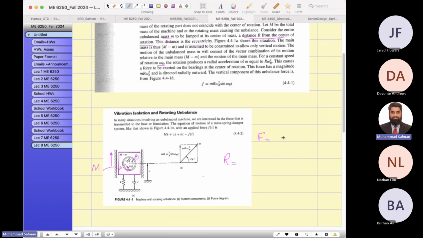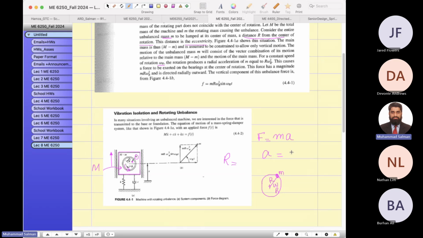Do you remember force equals mass times acceleration? Everybody knows this equation, correct? So what is the centripetal acceleration? If there is a rotating mass, omega sub r, this is R.